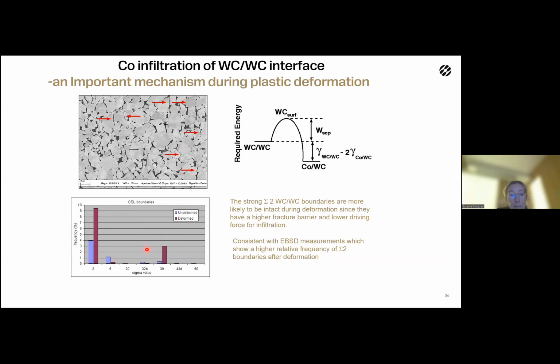Here you can see that in the deformed material, the special boundaries have a higher frequency compared to the undeformed. And this is, of course, because these lamellas do not preferentially form in the strongest boundaries, they form in the weakest boundaries.